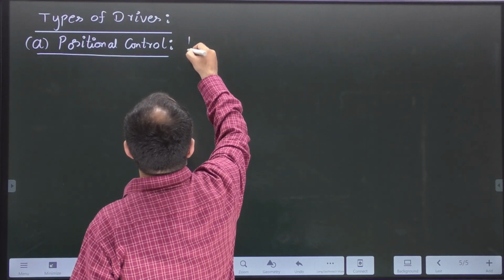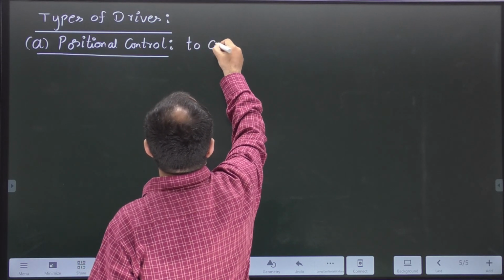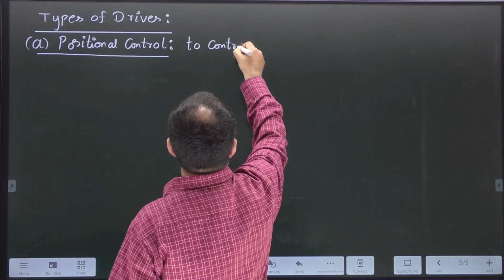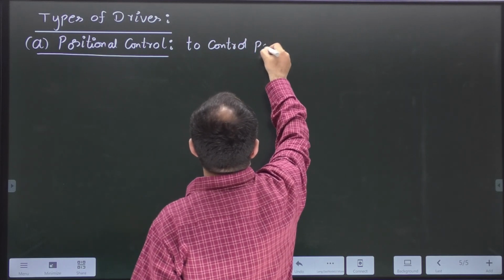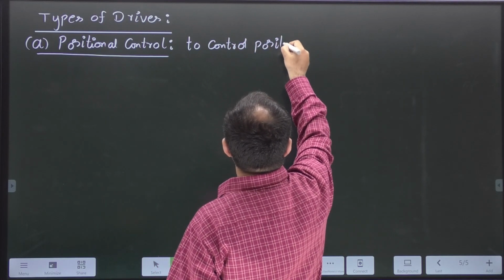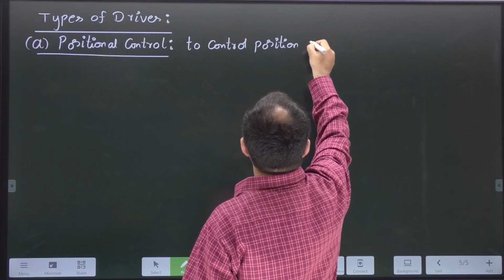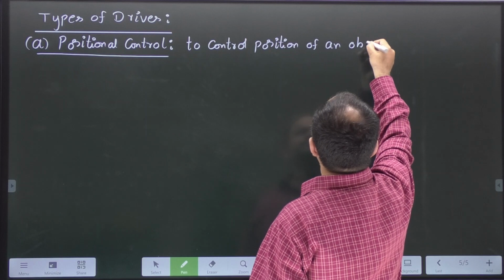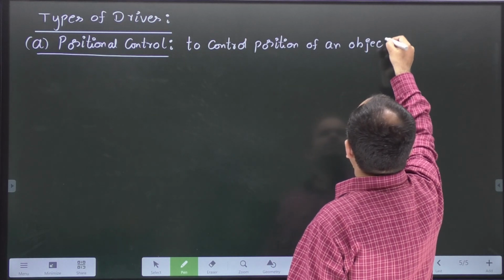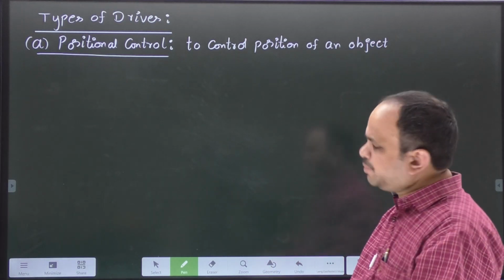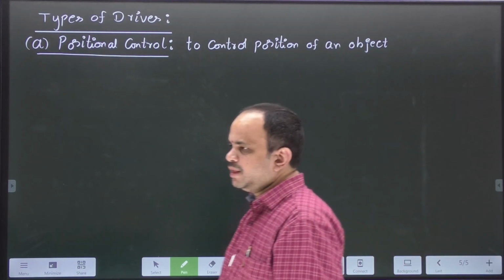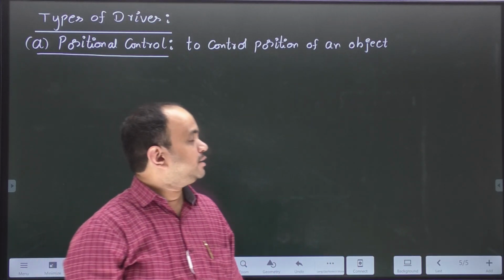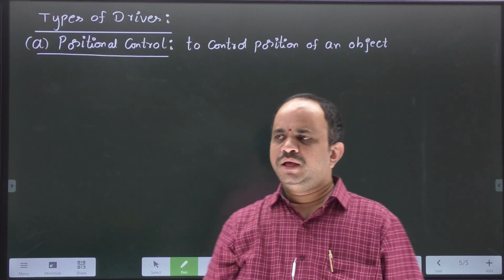So let me write down briefly, this is to control the position of an object. Let me give you one practical example to understand what we mean by position control.